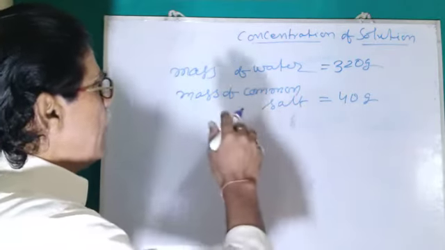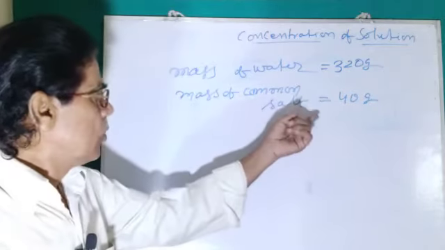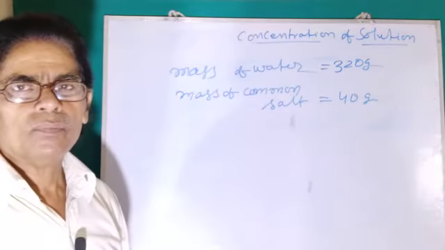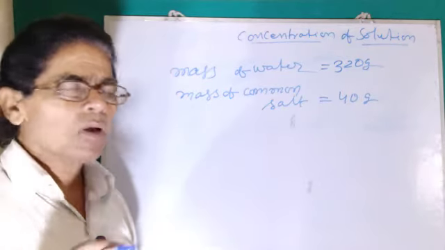Now if we add 40 gram of common salt in 320 gram of water, what will be the amount of solution?